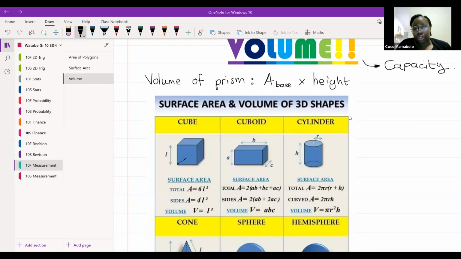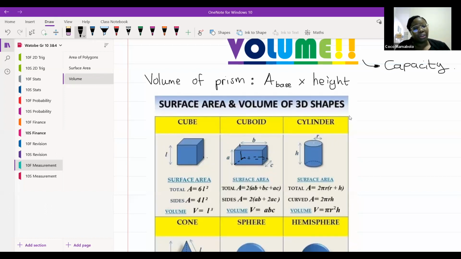But if we're calculating the volume of maybe a cube, I know that the base of my cube is a square. So I can calculate the area of the base. It's just going to be side times side. And then I'm going to multiply it by the height of my shape. Same with a rectangular prism. I know that the base of my shape is a rectangle.